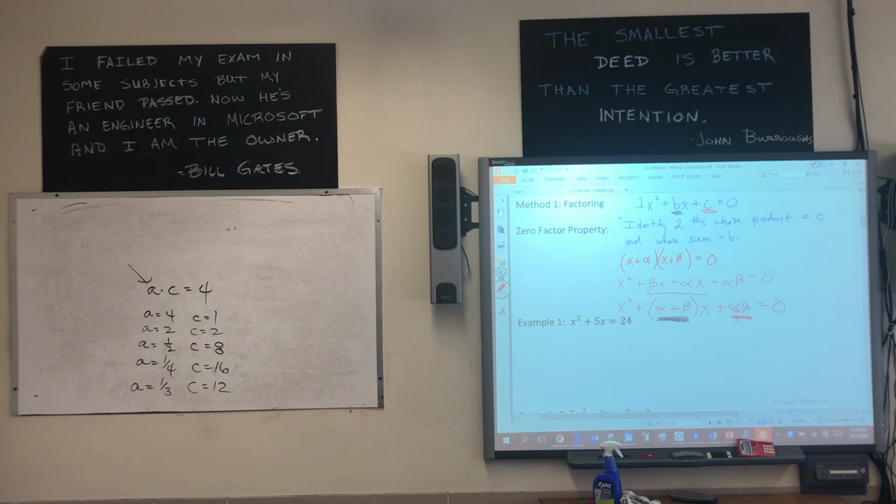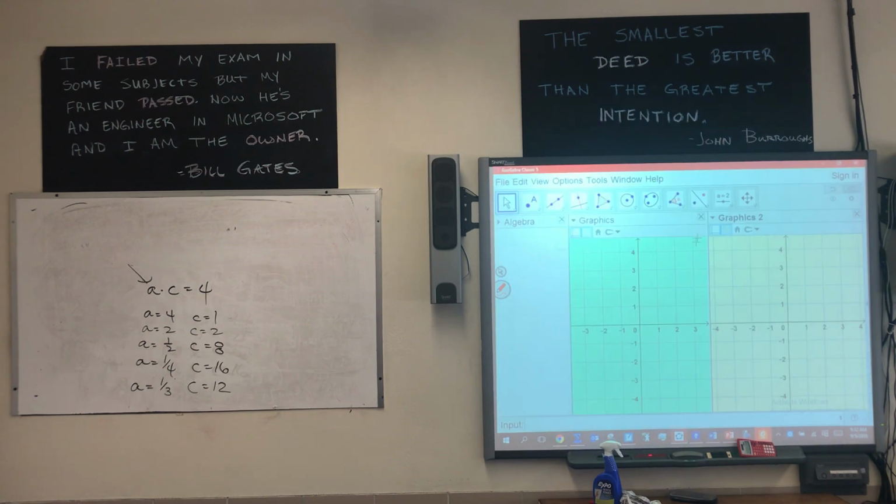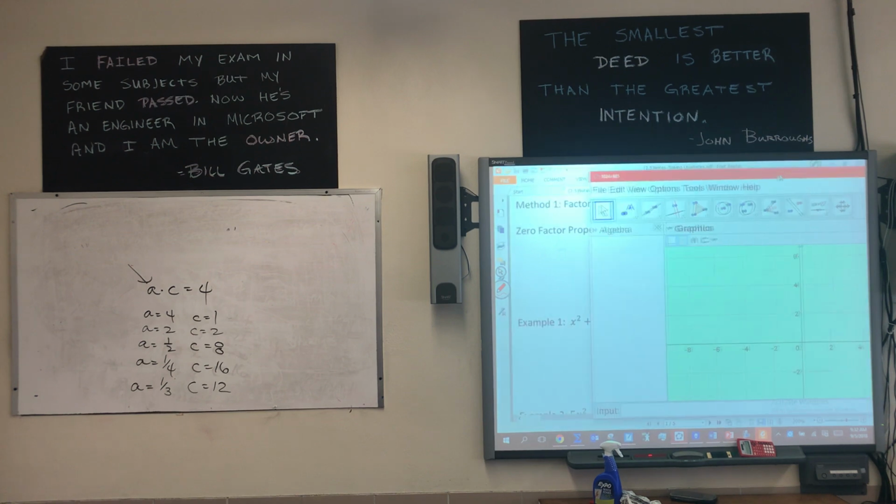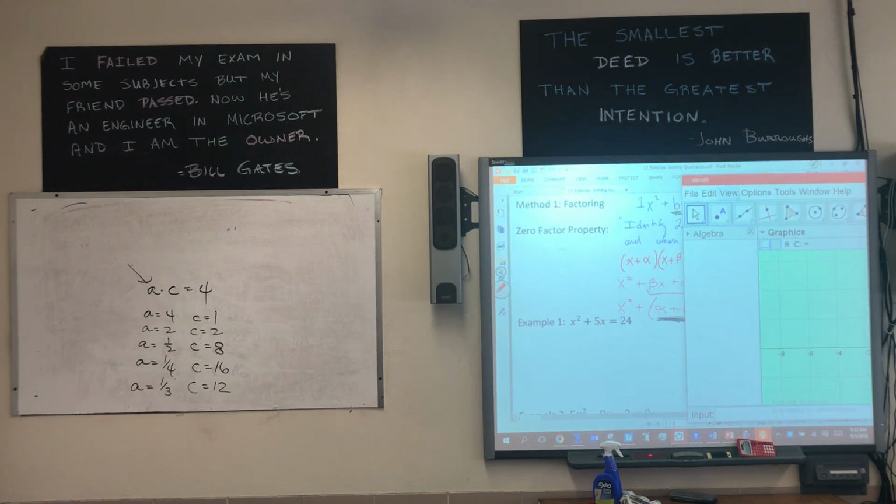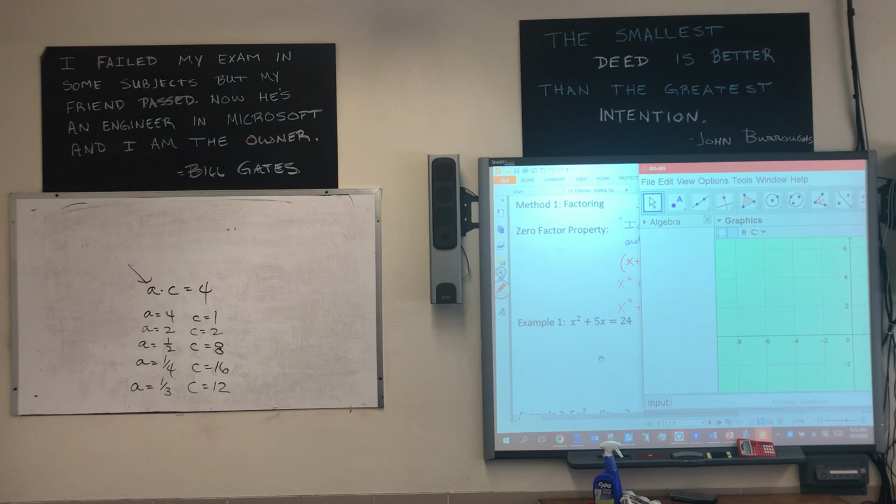I'm going to show you example 1 on the calculator first. I'm just going to use GeoGebra initially. It's a little bit more simplistic than maybe some of the other examples, and we'll see some of the other examples too. But remember what we talked about with linear equations, that each side of the equation is an individual graph.